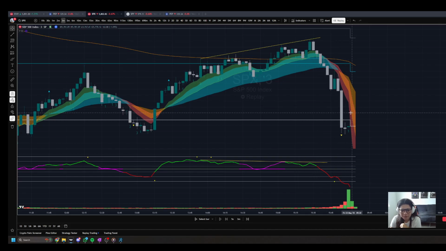So I start looking for puts, and like I said, I look where I'm not too out of the money, trying to pay less than $2. The closer you get to end of day, you can even set a limit to fill you at like 80 cents or something, where it's cheaper.